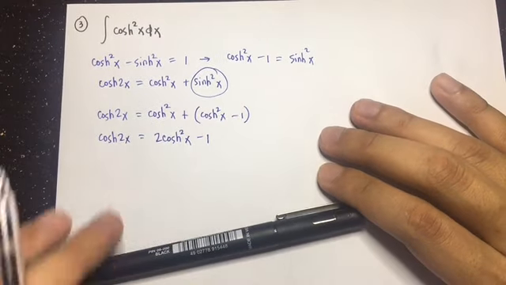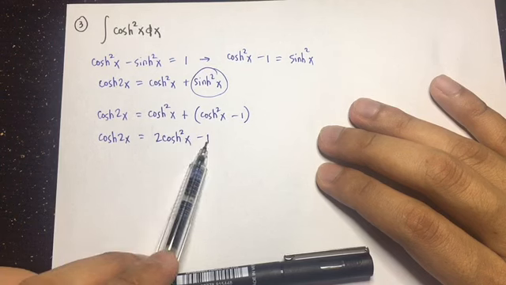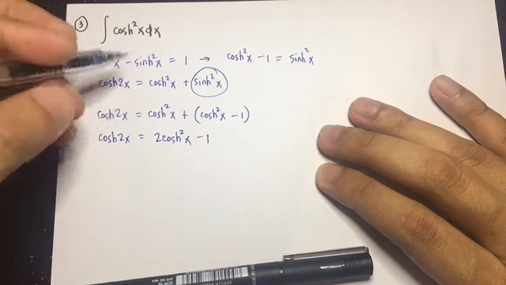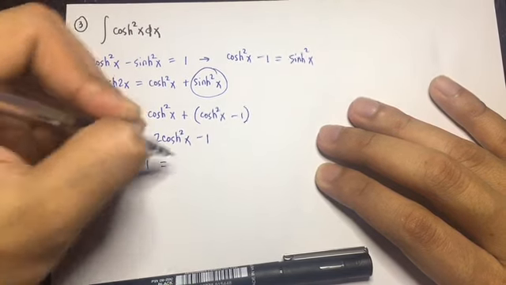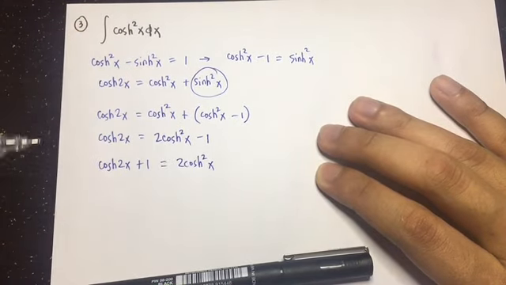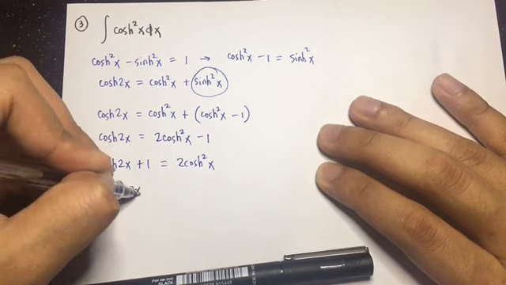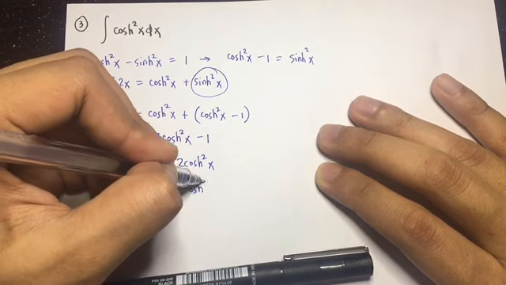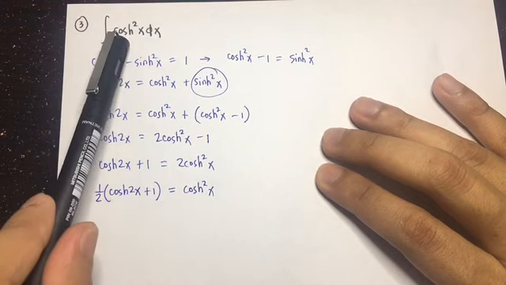Okay, since we will be needing the hyperbolic cosine squared of x, transposing 1 to the other side, we will have hyperbolic cosine of 2x plus 1 is equal to 2 hyperbolic cosine squared of x. Dividing both sides by 2, we will have 1/2 hyperbolic cosine of 2x plus 1 is equal to hyperbolic cosine squared of x. Using this, replace our integrand with this.